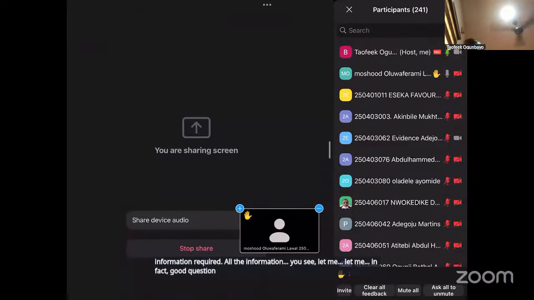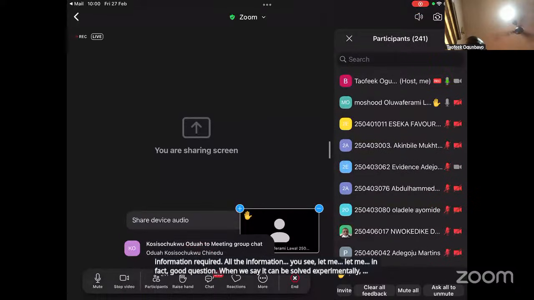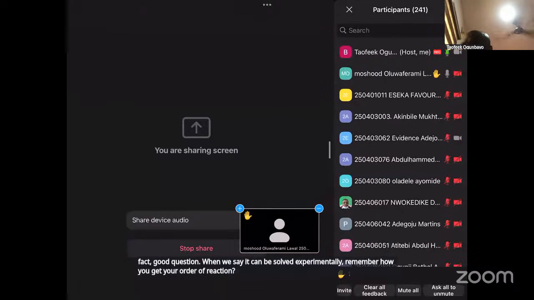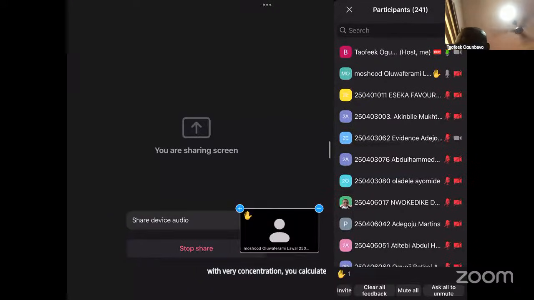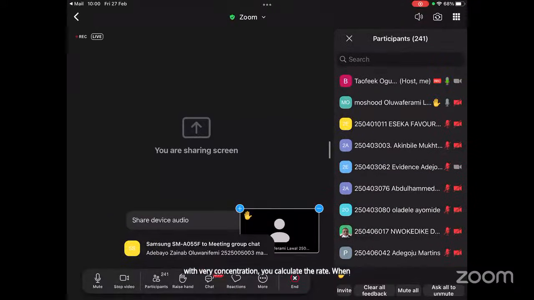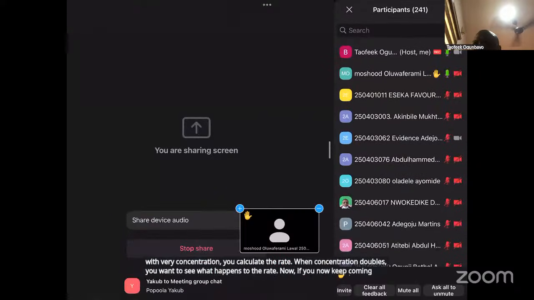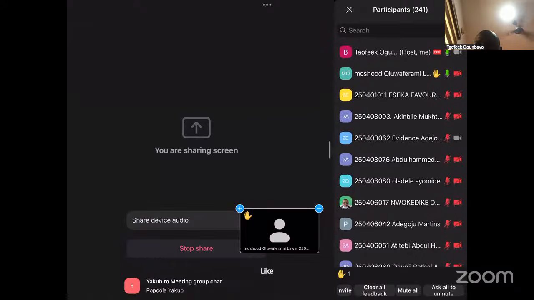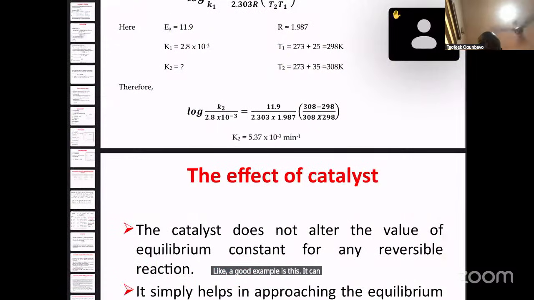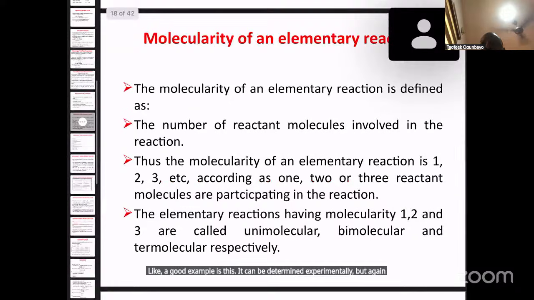Remember how you get your order of reaction: you vary concentration and calculate the rate. When concentration doubles, you see what happens to the rate. It can be determined experimentally, but there's a table here where you already have all the information.